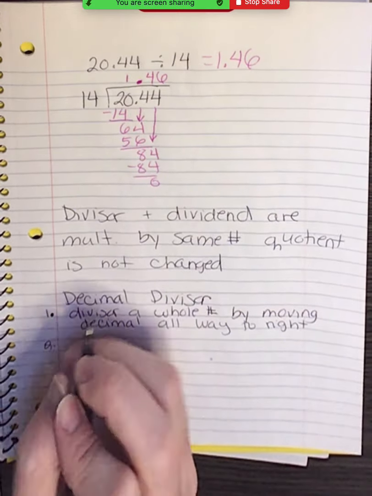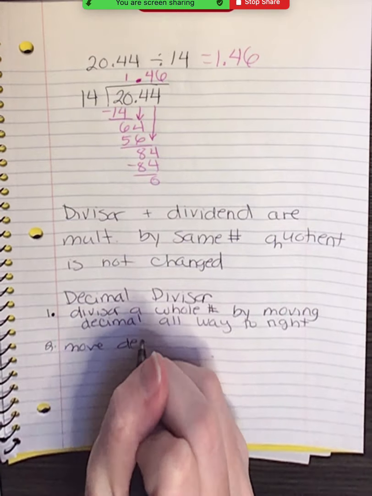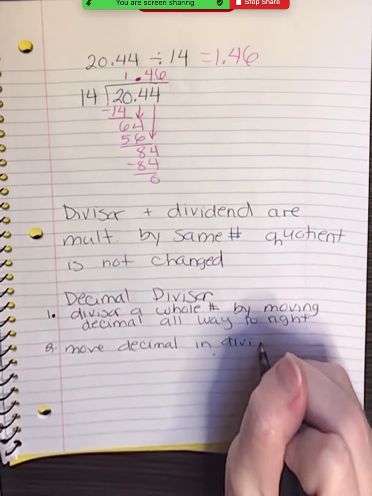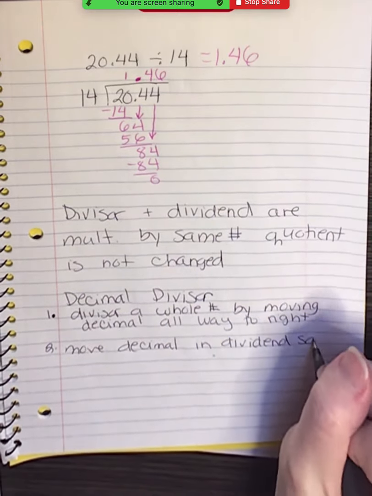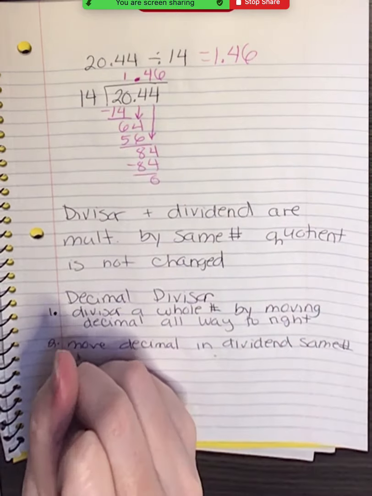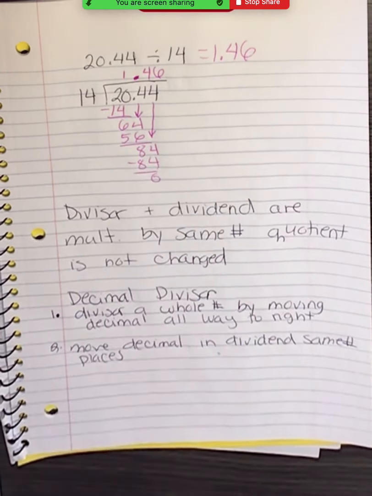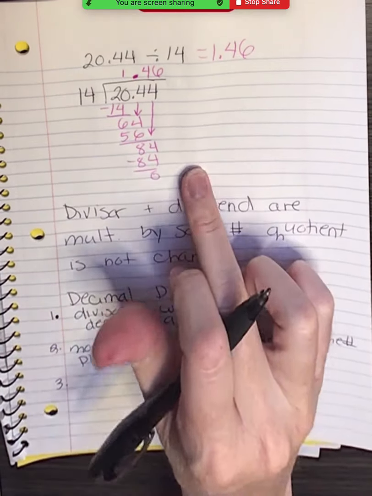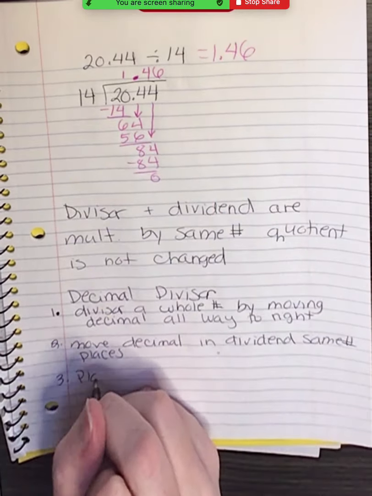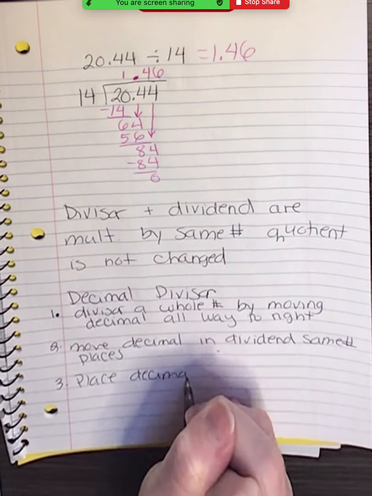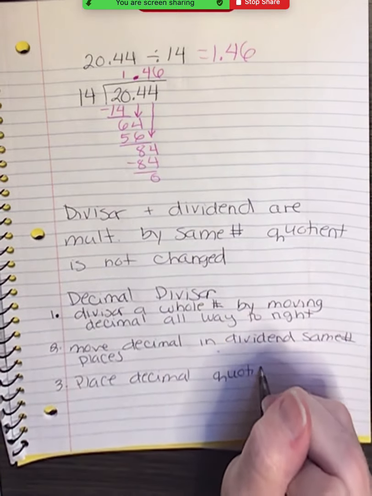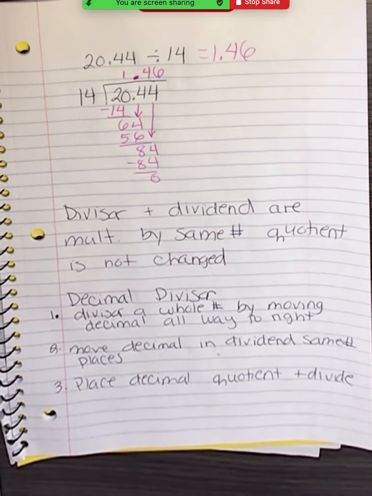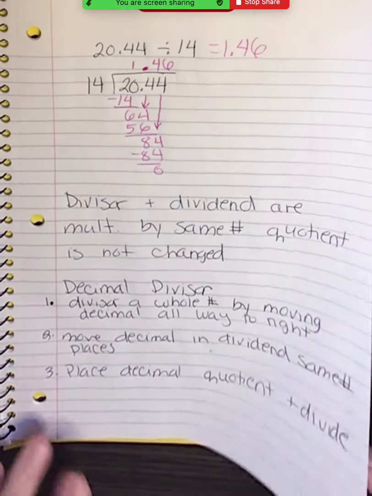Then you're going to move the decimal in the dividend the same number of places. And then do what we did here, right? Place the decimal point in the quotient and divide. Okay, so it's the same steps.